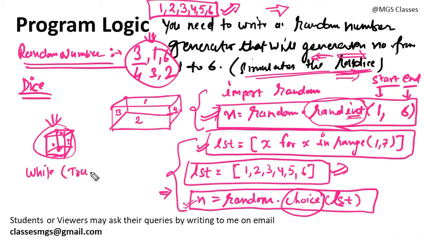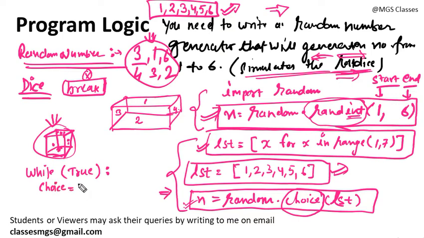This loop will execute infinitely, and we will break out of it. The break statement is used to break the loop in between. If you want to stop the execution of the loop, you can use the break statement. So I am going to ask for the choice from the user.